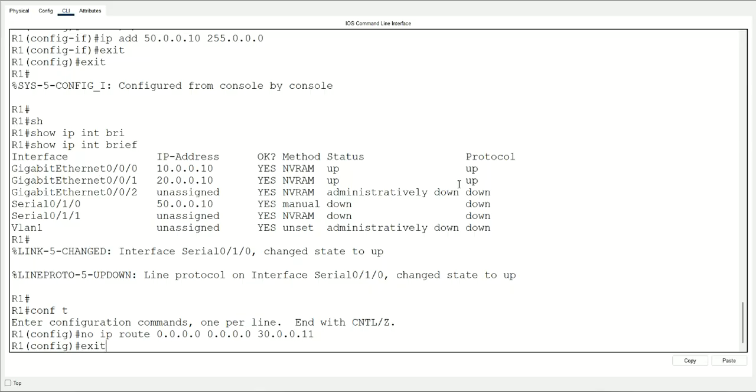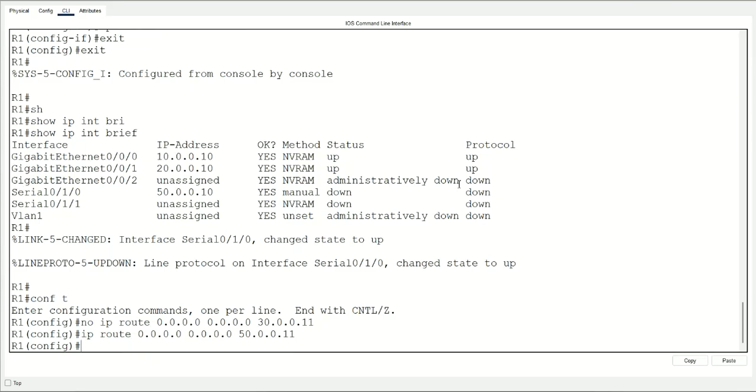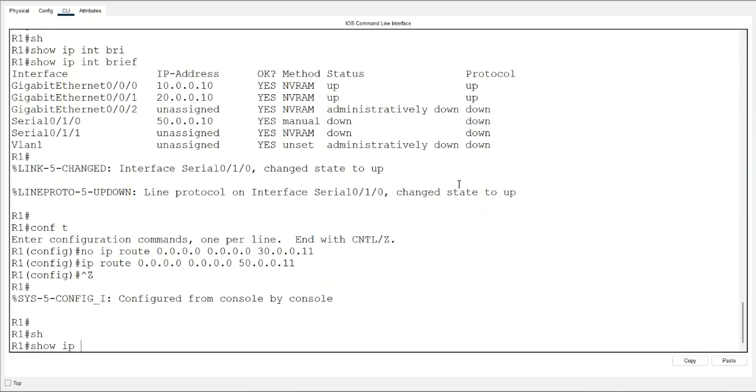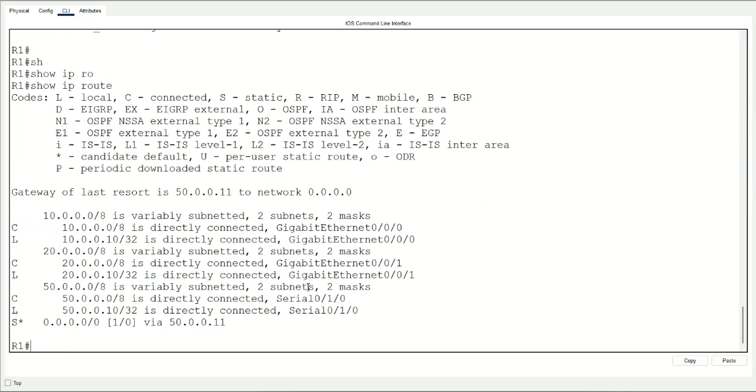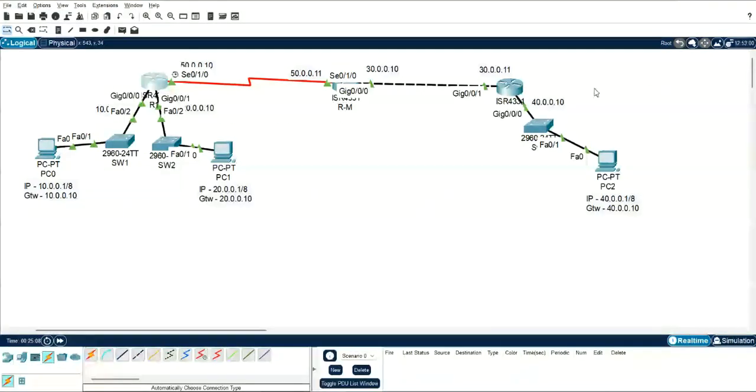And now I go and alter this to 50.0.0.11. You got it? Verify. Show IP route. You see it is changed now. Now we have changed here to 50.0.0.11.